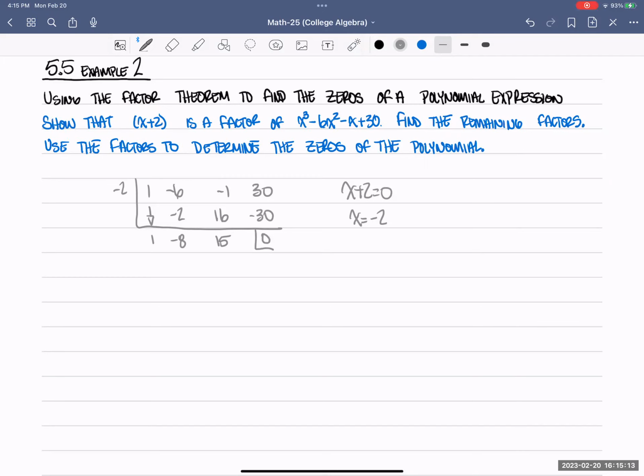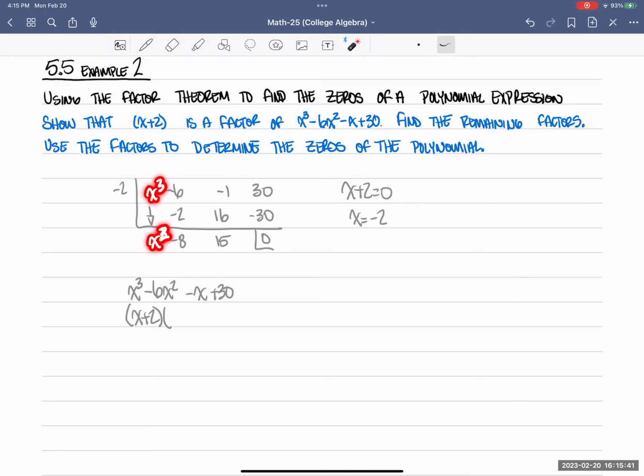So now we originally had x cubed minus 6x squared minus x plus 30. Now we just learned that x plus 2 is one of the factors, and we're going down in degree. This was originally x cubed, so down here it's going to be 1 degree less.